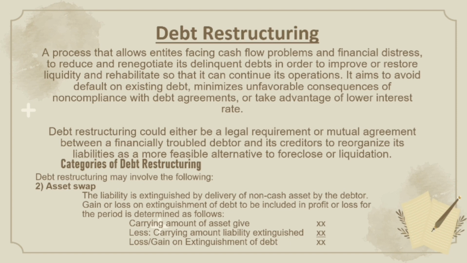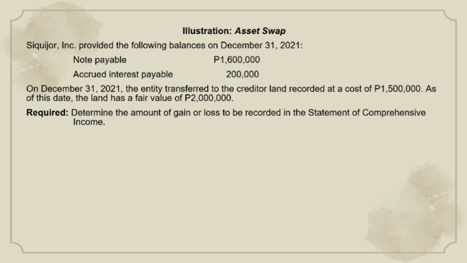Gain or loss on extinguishment of debt to be included in profit or loss for the period is determined as follows: carrying amount of asset given less carrying amount of liability extinguished is equal to the loss or gain on extinguishment of debt. To illustrate, Sikohar Incorporated provided the following balances on December 31, 2021: the notes payable of 1,600,000 and accrued interest payable of 200,000.